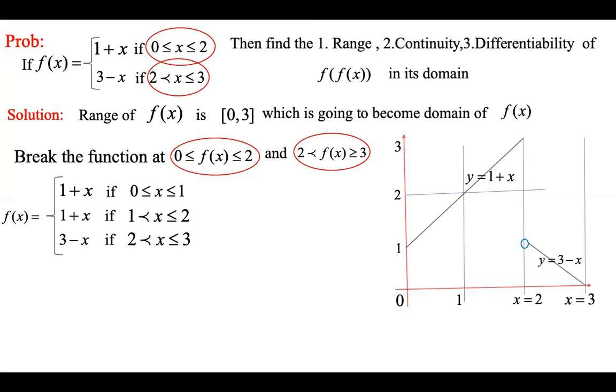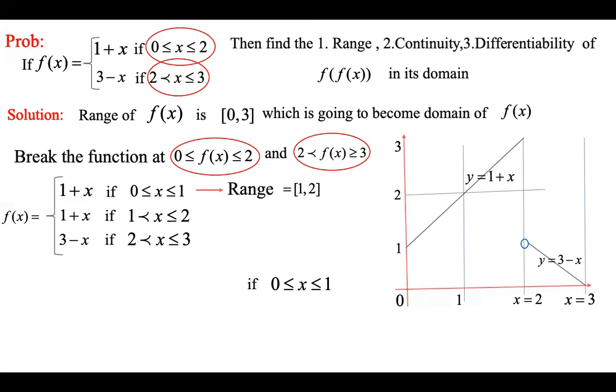Now the composition work I am doing now. So start with when x is in between 0 and 1. Then my first f of x will be 1 plus x. Its range will be from 1 to 2. When its range is from 1 to 2, for the second f of x, this 1 plus x must be composed with the second f of x.